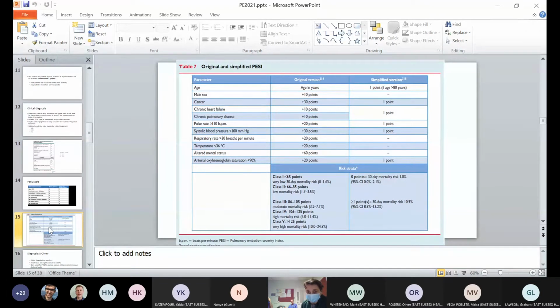As you can see, things like age, sex, cancer, chronic lung disease, and heart failure are permanent. If somebody has all of these together, they will score certain points.